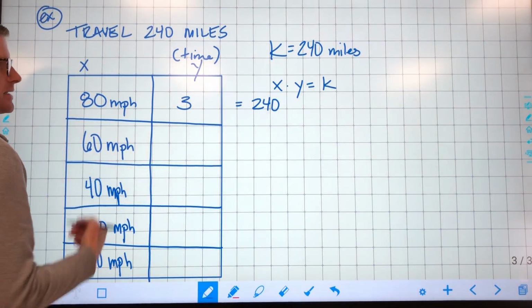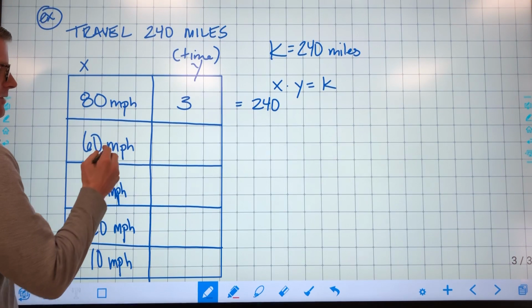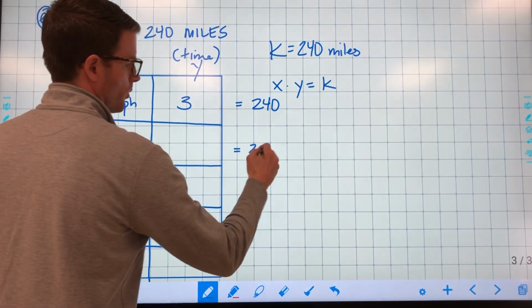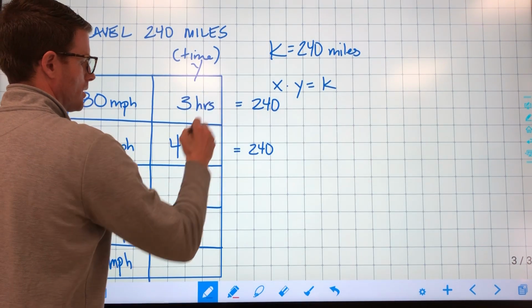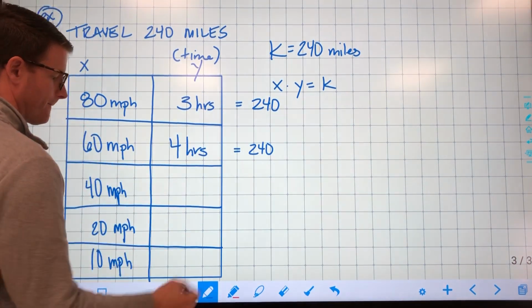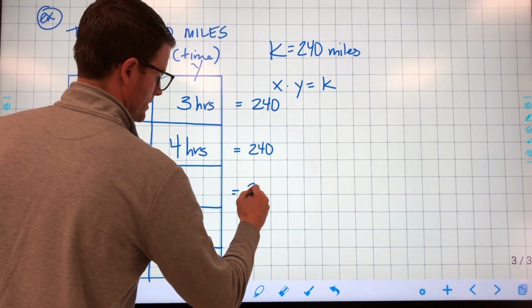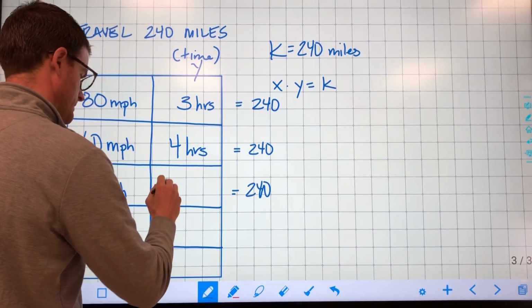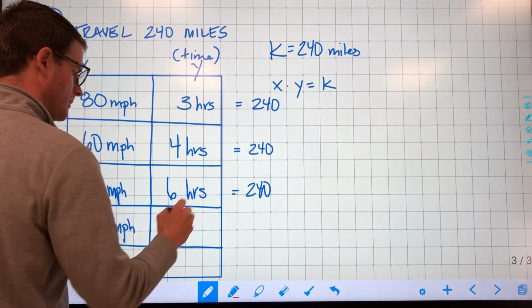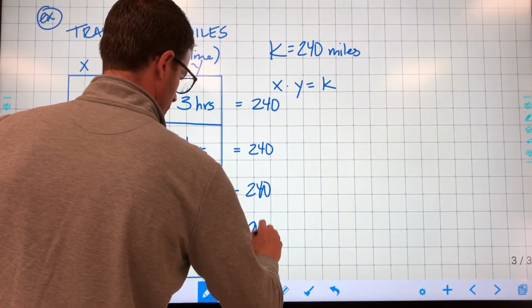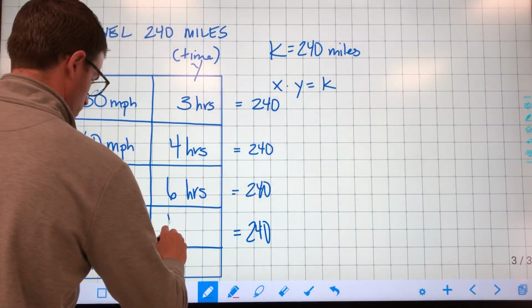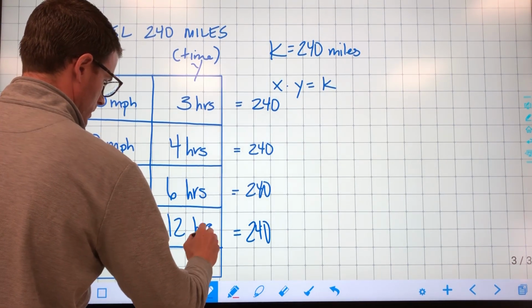If I'm traveling 60 miles per hour, 60 times what gets me 240? 4 hours. 40 times what gets me 240? 6 hours. 20 times what gets me 240? 12 hours.